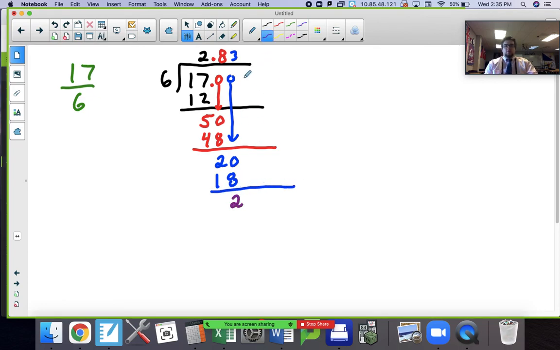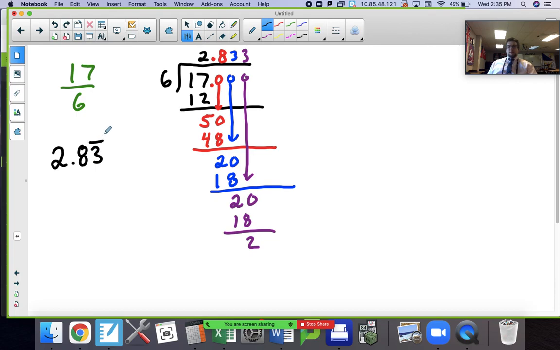Left over 2. Uh-oh, we're back to 20, which is another 3, which gives me another 18, which is going to give me another 2. There's the process right there. So we have 2.83, and then from there, the 3 will repeat forever and ever. That is converting fractions to decimals and decimals into fractions.